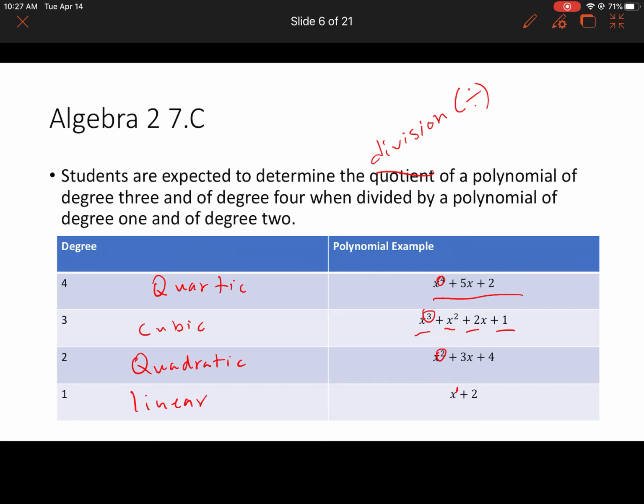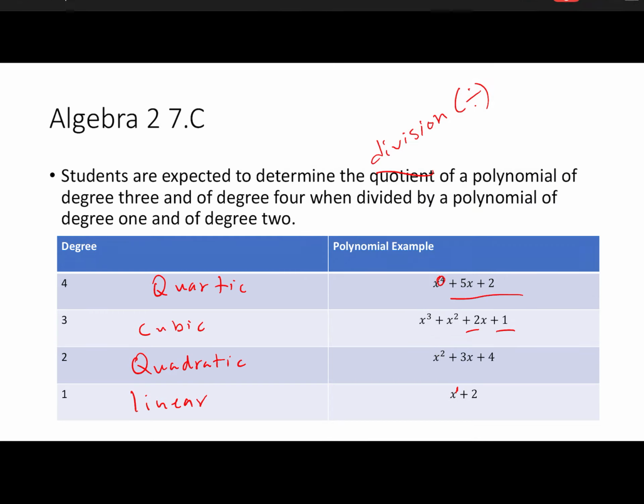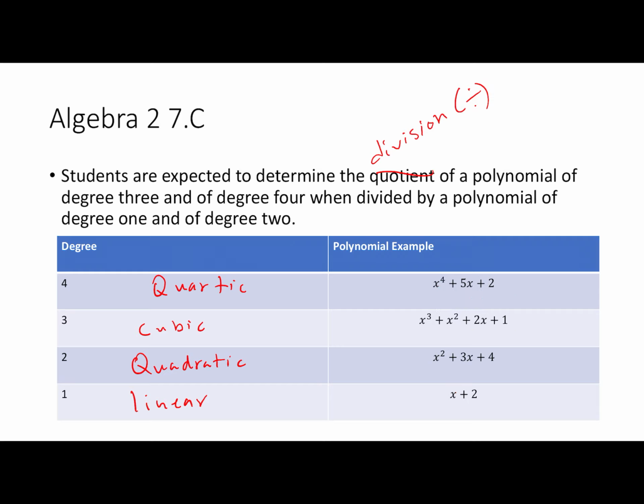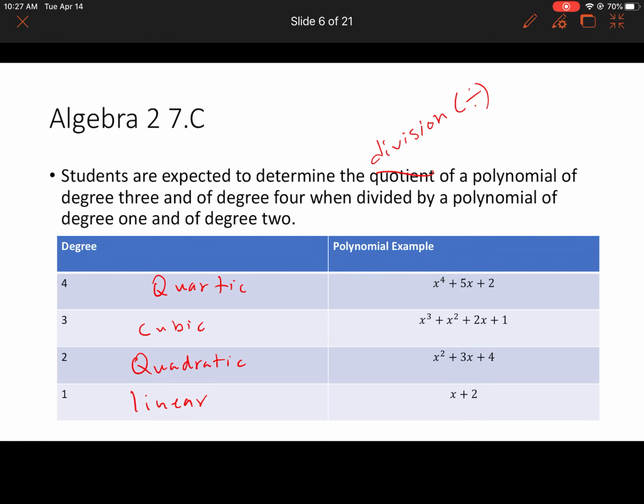If I refer to a degree 2 function, I will say quadratic. And if I refer to a linear function, it just means a degree 1 polynomial. So you can always come back to see which one of these I mean, or you can always go back to one of the older videos to see what I mean as well. Okay, let's go ahead and move on.